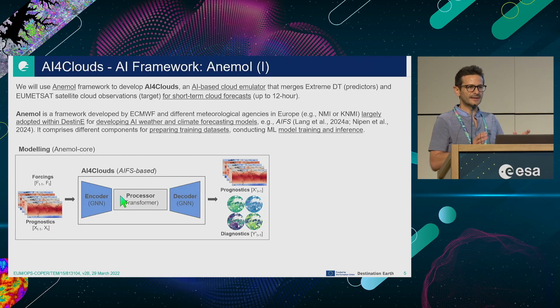And the emulator will take the state of the system and advance it in time. So we will get not only the prognostic fields from Extreme DT, but also cloud fields from satellites. So the emulator will learn the mapping, adjusting for the biases in Extreme DT simulations. And because this system is autoregressive, we can extend the forecast indefinitely in time.